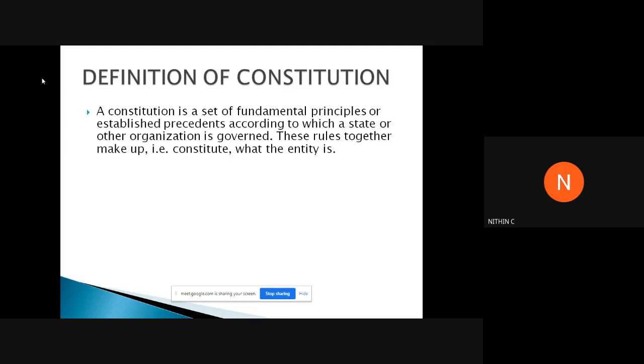Here I have mentioned the general definition for constitution. That is, a set of fundamental principles or established precedents according to which a state or other organization is governed. These rules together make up the constitution.